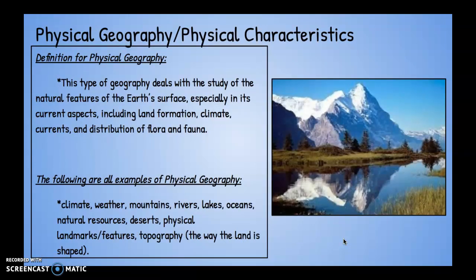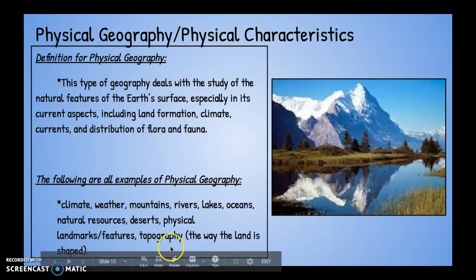This slide has to do with physical geography. We were just talking about human geography. This is physical geography and physical characteristics. The definition for physical geography is that this type of geography deals with the study of the natural features of the Earth's surface, especially in its current aspects, including land formation, climate, currents, and distribution of flora and fauna.